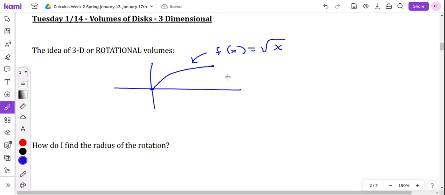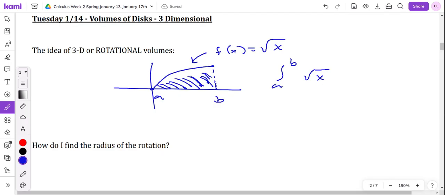And if I wanted you to find the area under the curve, we would go from here to here, right? And we take the integral from a to b of the square root of x. You guys would find the integral, and then we'd find the area under the curve, okay?